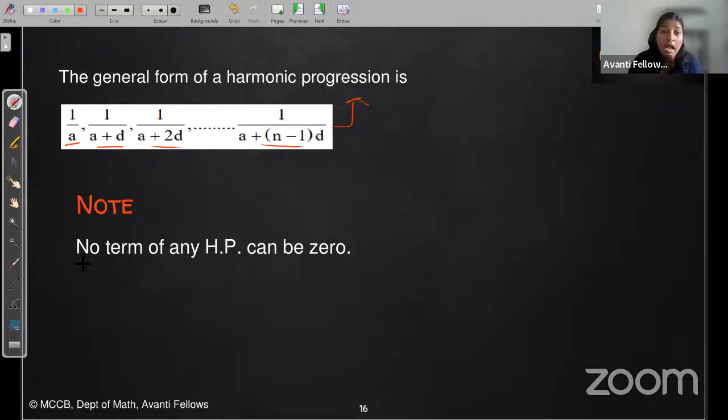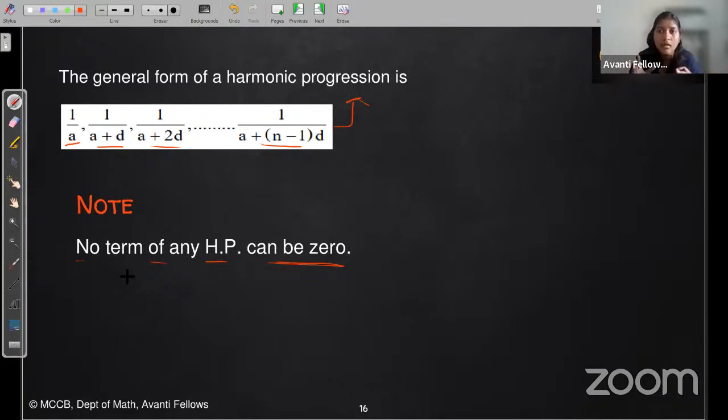Fine. And no term of any HP can be 0. There's a note point here. Why? What happens if the term of HP is 0? Because if you take the reciprocal of 0, it will be undefined. 1 by 0 is infinite, it's not defined.